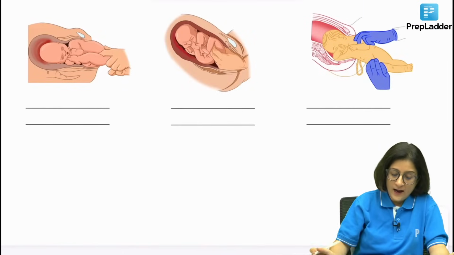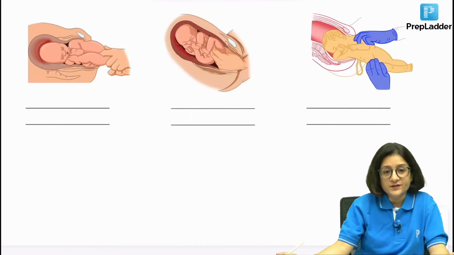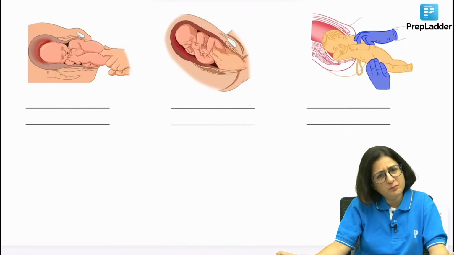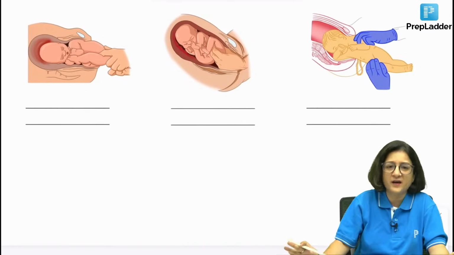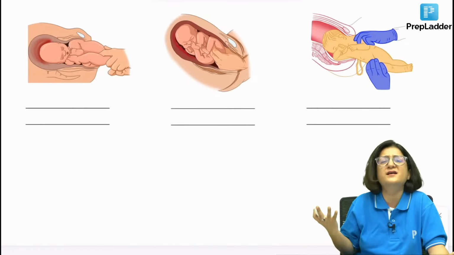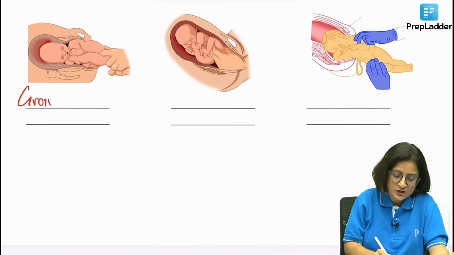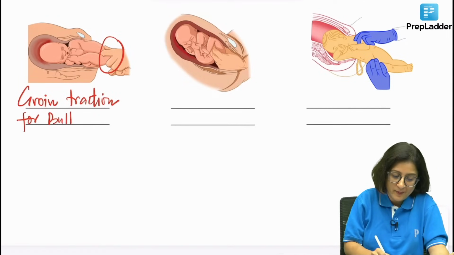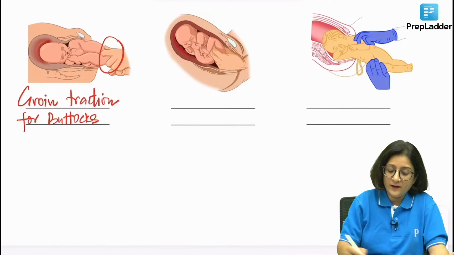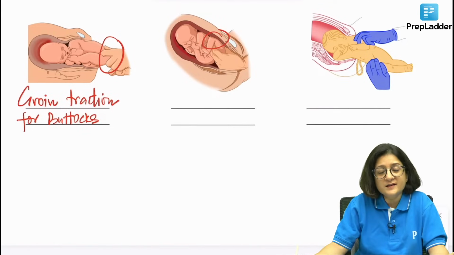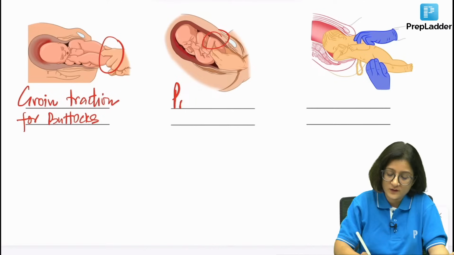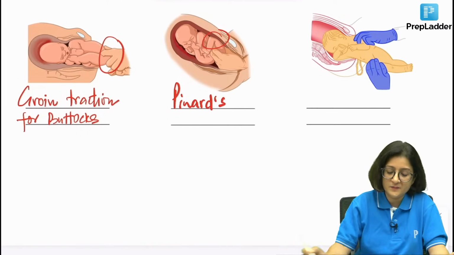Now, identify these maneuvers. How are we going to identify? Very simple. Look at where the fingers are placed. Fingers are placed at the groin. This is groin traction. If fingers are placed at the groin, what are we delivering? We are delivering the buttocks, right? If the fingers are here in the popliteal fossa, P for popliteal fossa, P for Pinard's maneuver, right?